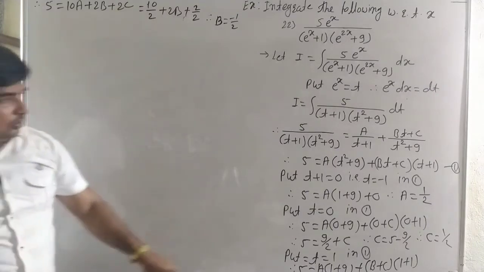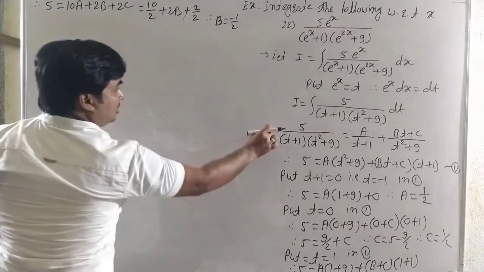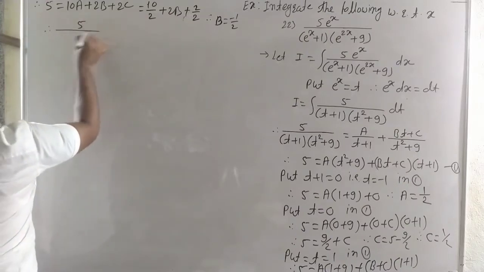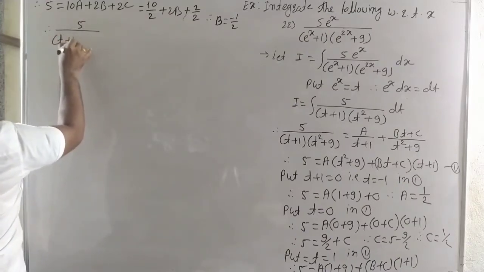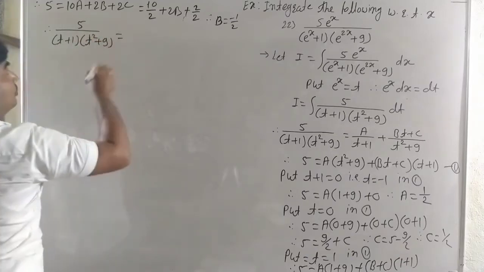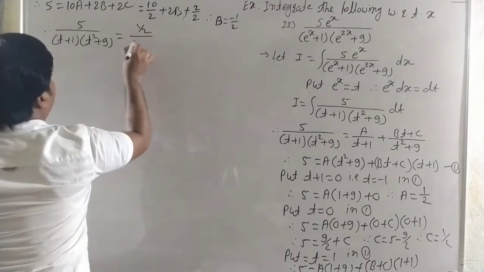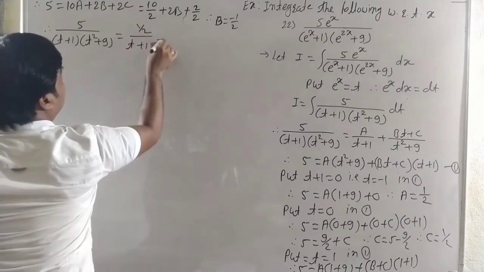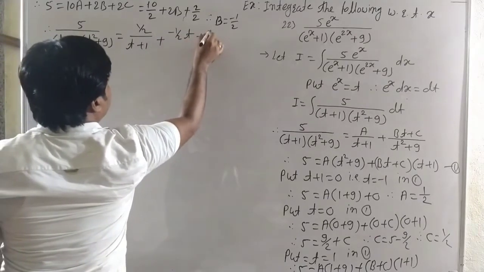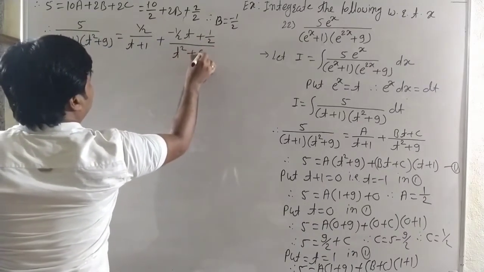B is equal to minus 1 by 2, A is equal to 1 by 2, and C is again 1 by 2. And therefore, this can be written as 5 upon t plus 1 into t square plus 9 is equal to A, 1 by 2 upon t plus 1, plus B minus 1 by 2 t and plus C, that is 1 by 2, upon t square plus 9.